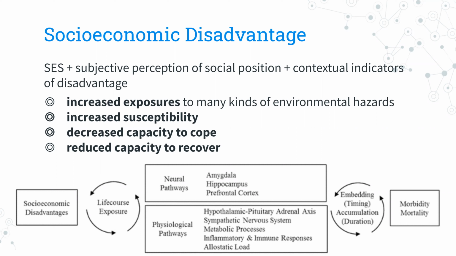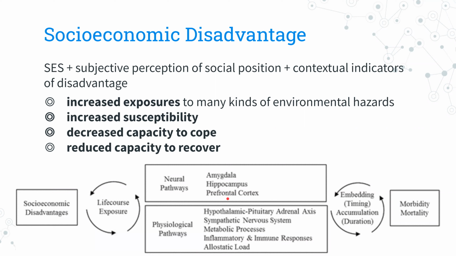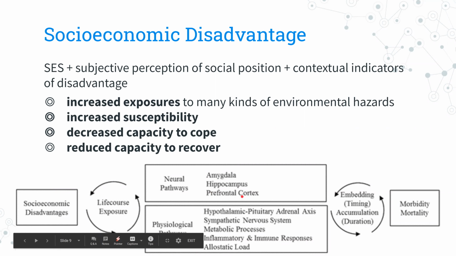So looking at this chart, socioeconomic disadvantages and lifetime exposures over and over and over, you have these biological adaptations, remember, that become maladaptive. So you have the amygdala and the hippocampus and the prefrontal cortex all getting wired in a certain way, right? And you learned that in the FOAD lectures.